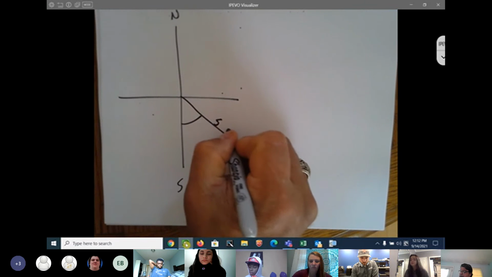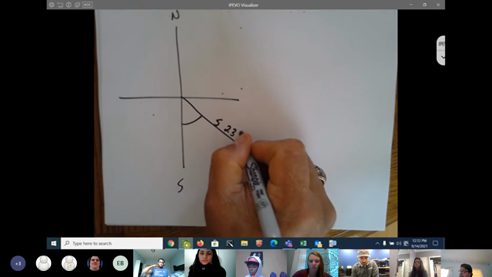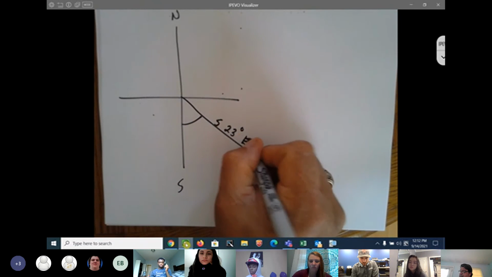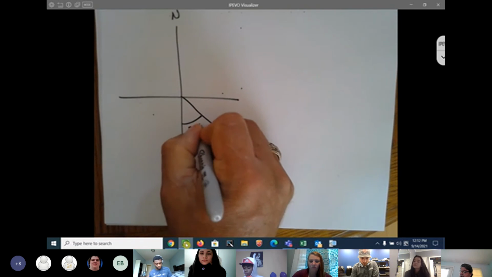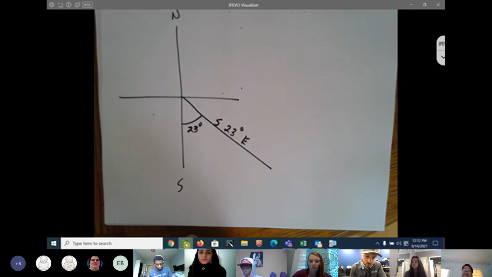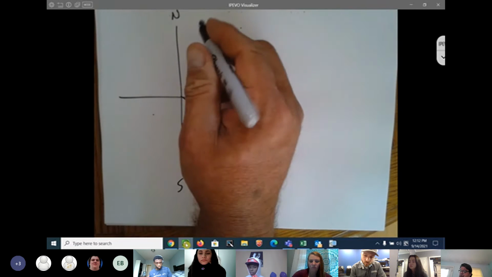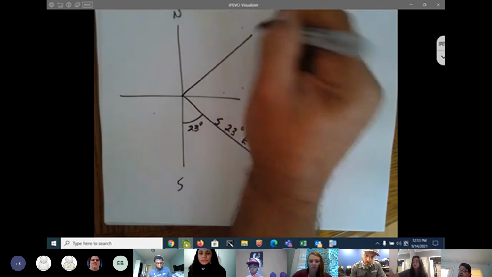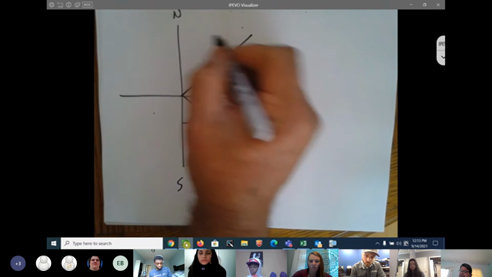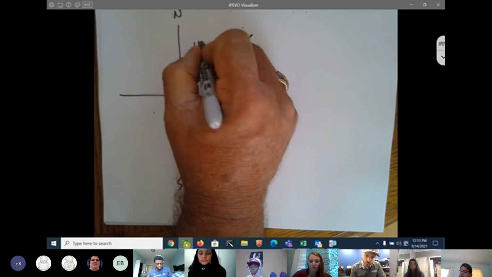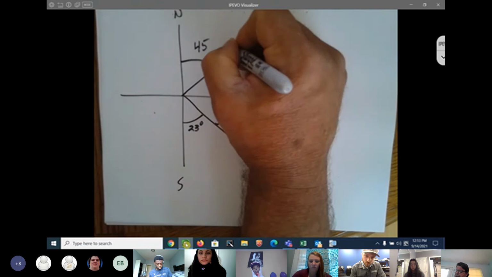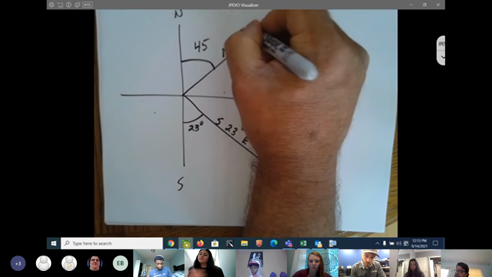This angle right here is 23 degrees. If I tell you northeast 45 degrees, it's 45 degrees right here, and that's north 45 degrees east.